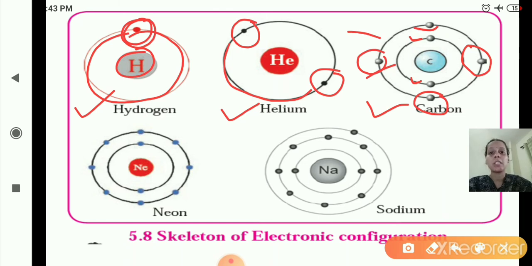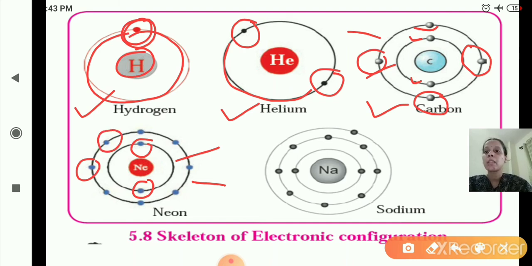Now the next one is neon. As you can see here, this first shell is K shell, the next one is L shell. In the K shell, how many electrons are there? 1, 2, because the maximum capacity of K shell is 2 electrons. In the next shell, 1, 2, 3, 4, 5, 6, 7 and 8.